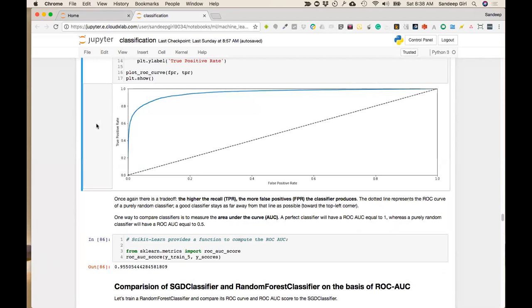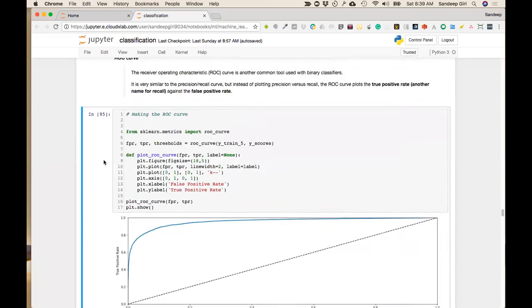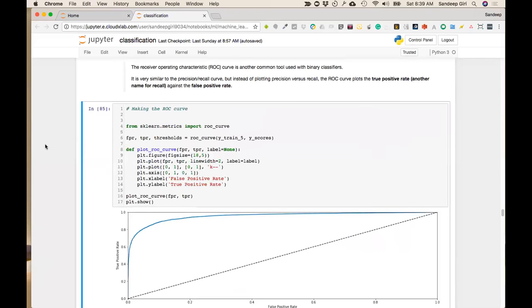It could be precision recall, it could be positive rate, it could be the purely random one. I need to understand where it is. Yeah, it is missing on my notebook. Never mind.